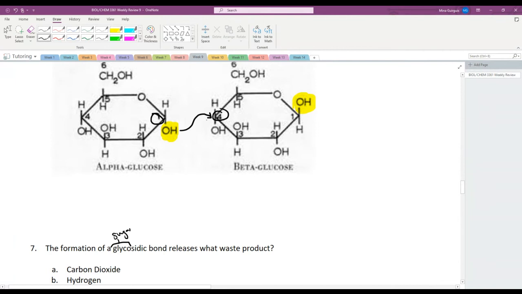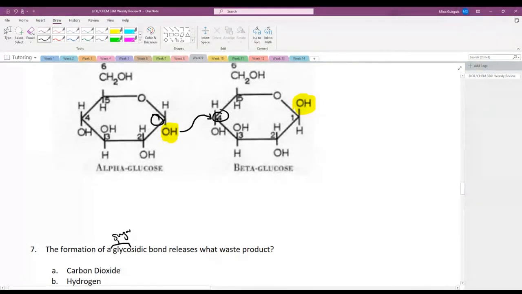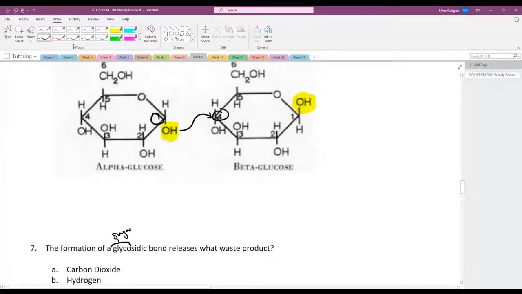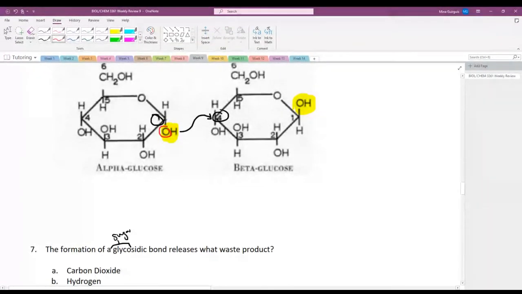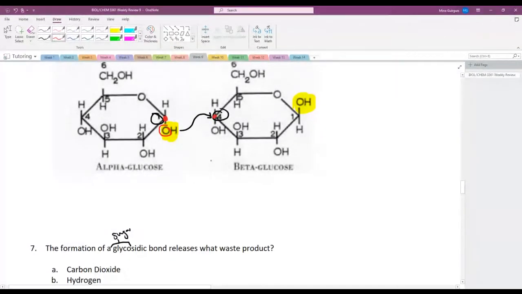All right, so when it does that, basically what's going to happen is this oxygen right here is going to be what connects. I just realized you guys can barely see since I'm using black on black. Let's switch to red. This oxygen is going to be what connects this carbon to this carbon.